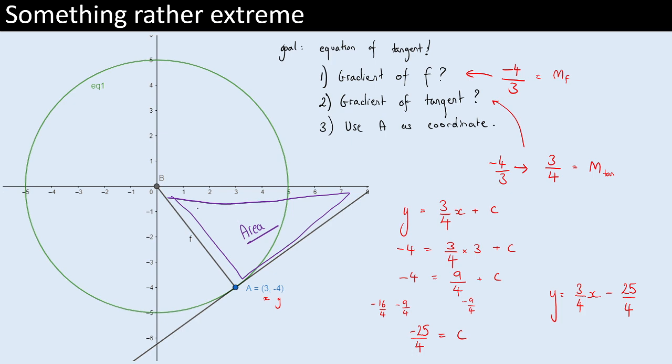We might be able to find out where it crosses the x-axis if it gives us a little bit more of the picture. So I would have a hypotenuse, I'd have an opposite or an adjacent side, which means I'd be able to find the base, and I can do base times height divided by 2. Or I could work out this angle here and use half ab sine C.